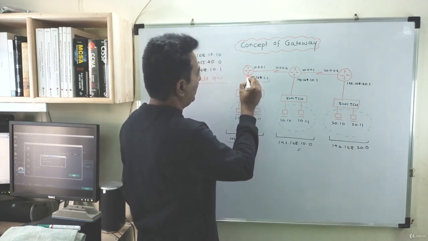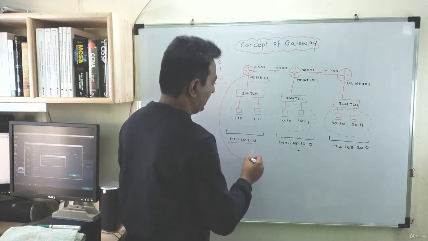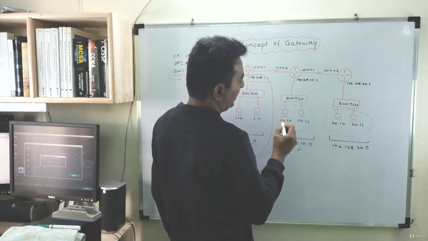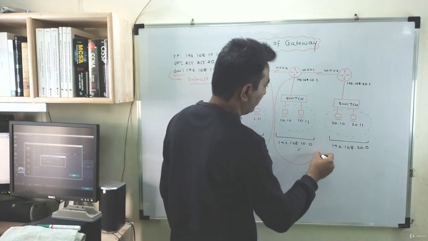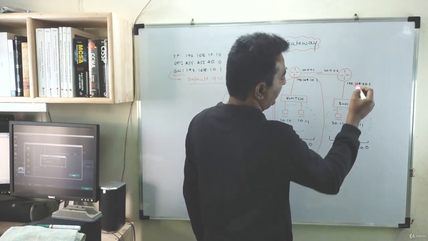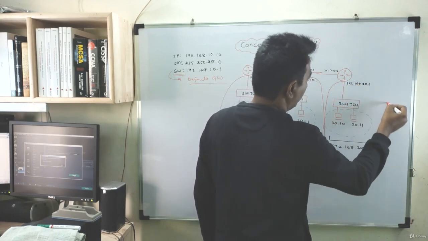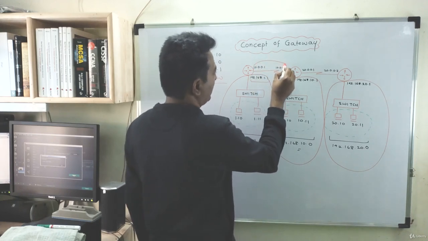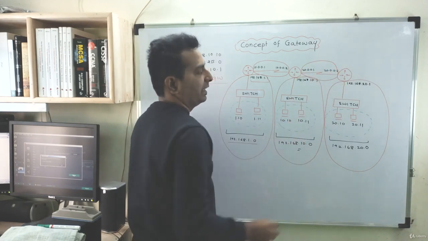So this is the first network that we have. In the same way, IP addresses 10.1, 10.10, 10.11 have the same NID, so this becomes another network. Now coming to the third, 20.1, 20.10, 20.11 have the same NID, so this is our third network. And this is the fourth network, and this one is the fifth network.